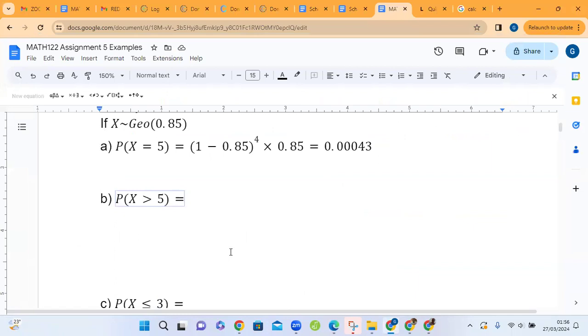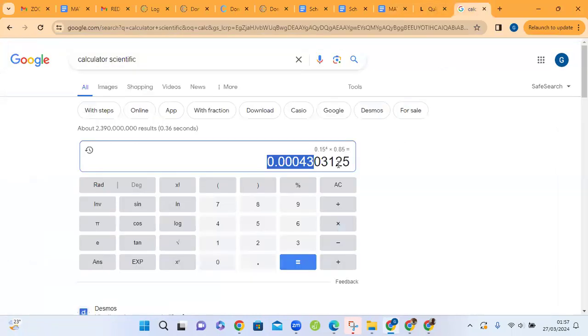So that would be 0.15 raised to the 5. That'll be failing 5 times, if you want to put it that way. Succeeding in more than 5 is like failing 5 times. So that'd be 0.15 raised to the 5.